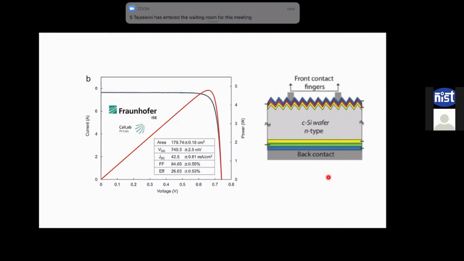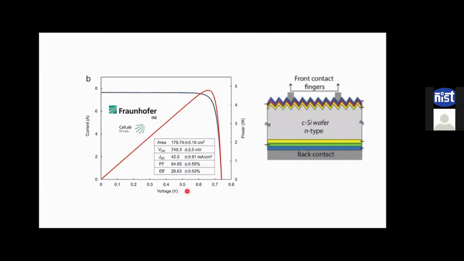But let me mention that this high efficiency of around 26% is not actually coming from this kind of heterojunction structure. It is true that this efficiency is from a silicon heterojunction solar cell, but it is not coming from this structure. So what is the heterojunction technology employed in crystalline silicon to get such high efficiency? Let it be a secret till my next session.